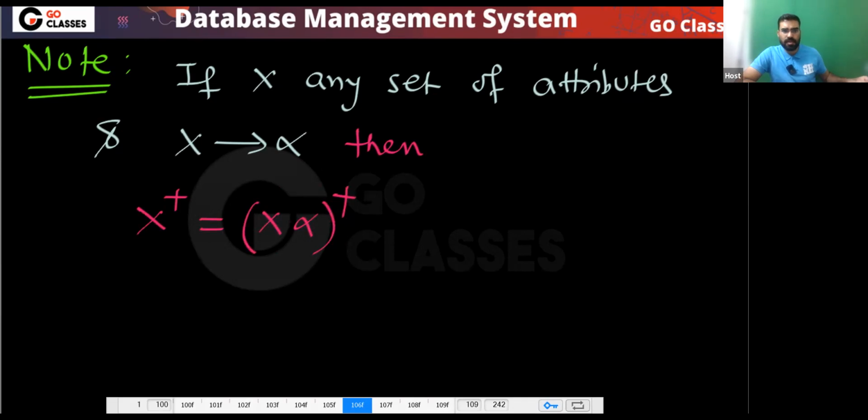So this is a very simple point. This is one note you can write.